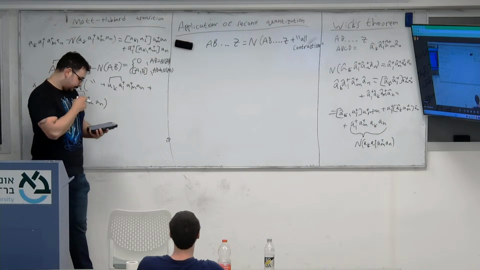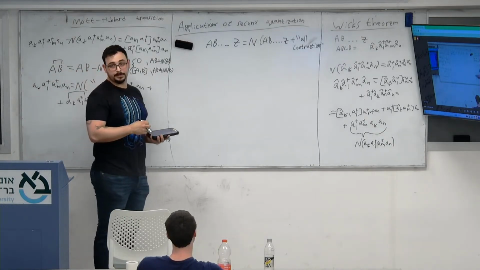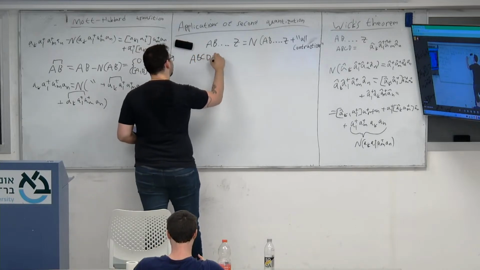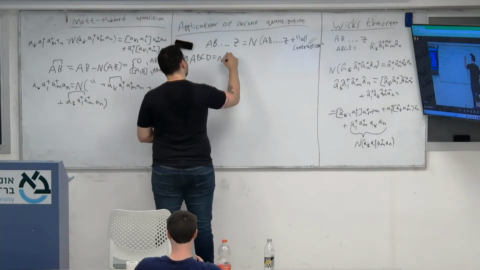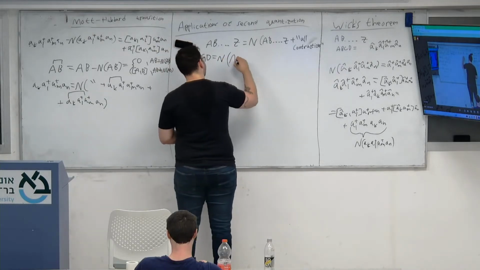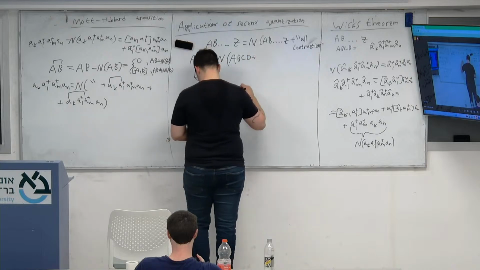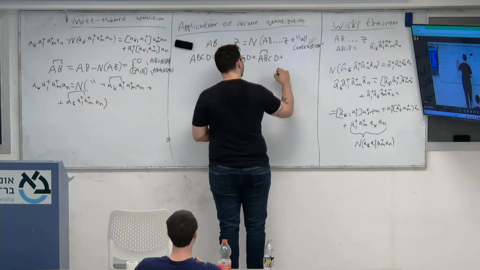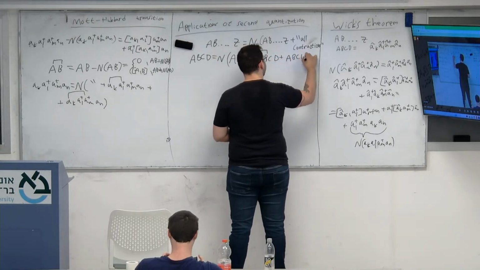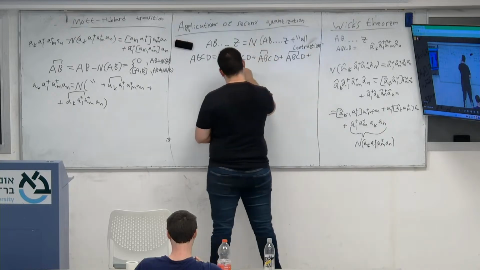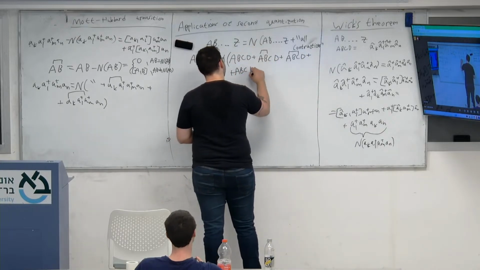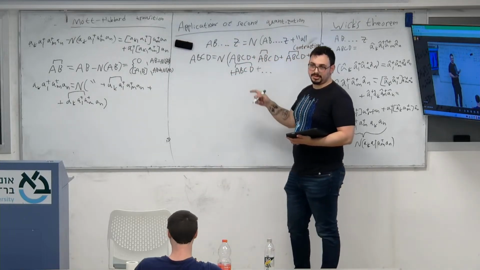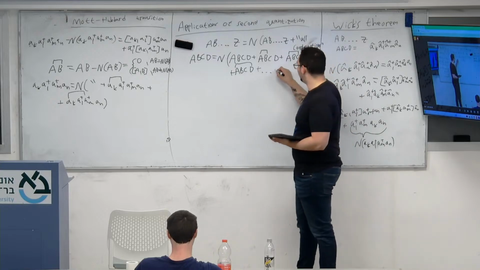Alright? For example, if we take A, B, C, D, the theorem says that it will be equal to the normal order of A, B, C, D plus the single contractions, A, B, C, D here, and so on. I'm not going to write all of them, it's too long.